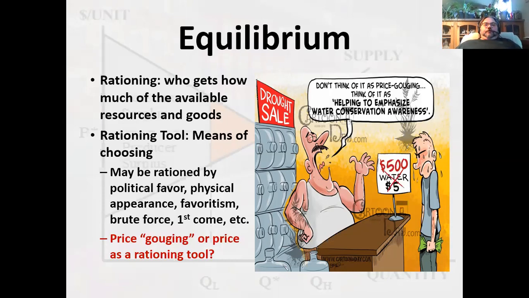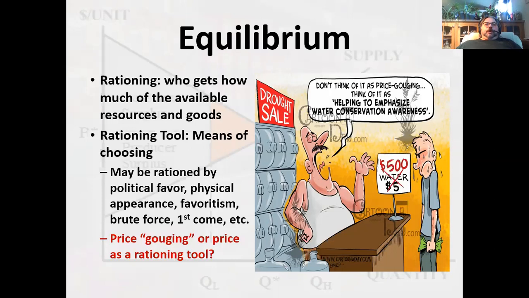And in general, when it comes to rationing, we look at one of four things. We can look at what's called a price ceiling or a price floor, which are controls on the price of goods outside of consideration for the equilibrium point.